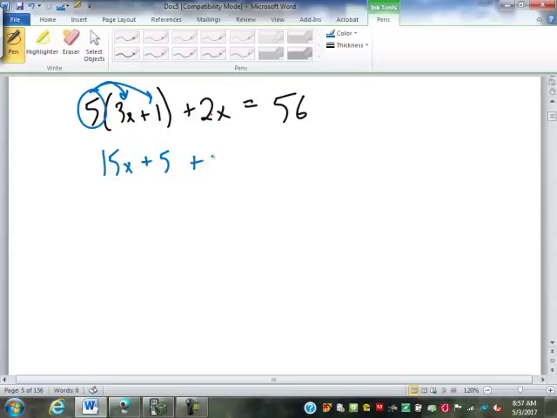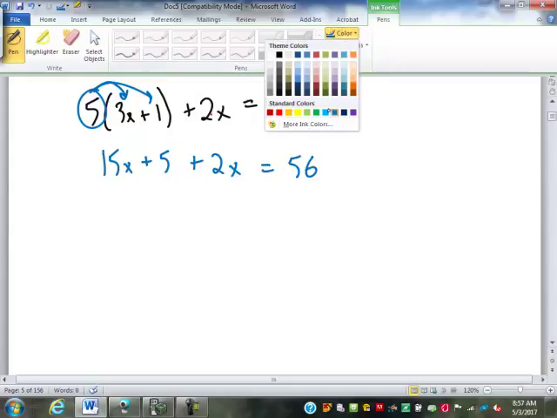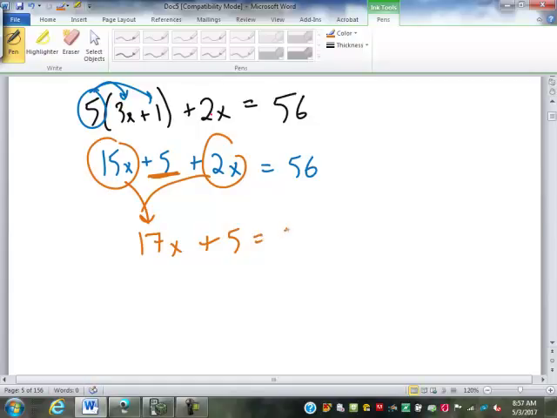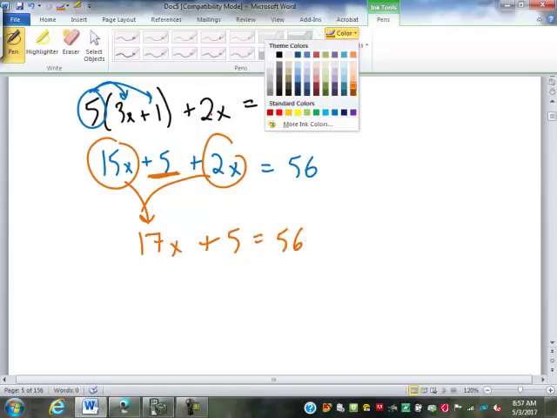And I still got the positive 2x there. Now I'm going to combine what I can. I can combine 15x and 2x to make 17x. I have to remember that I still have the plus 5 there. So 17x plus 5 equals 56.